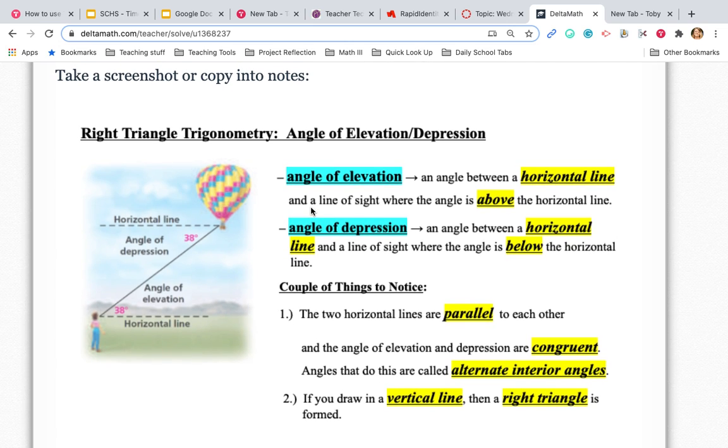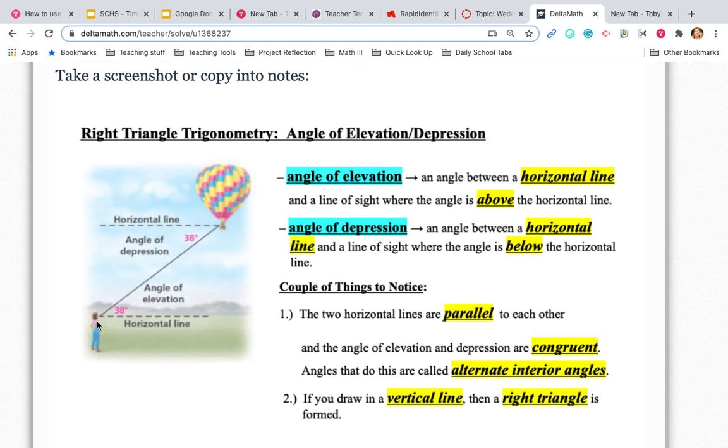So right here it says right triangle trig, angle of elevation and depression. So I want you to think about if you're in an elevated mood, or think about an elevator going up and down, or an escalator that might remind you of going up, okay? So elevate, to lift. So these angles of elevation are going to be, if you look at this picture down here, the angle formed between this horizontal line and your line of sight.